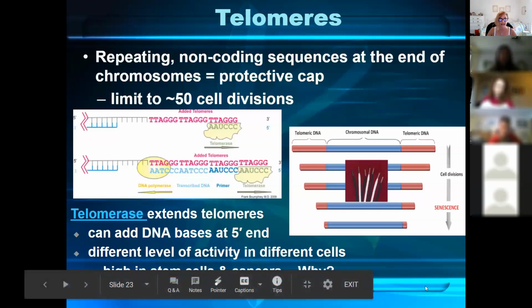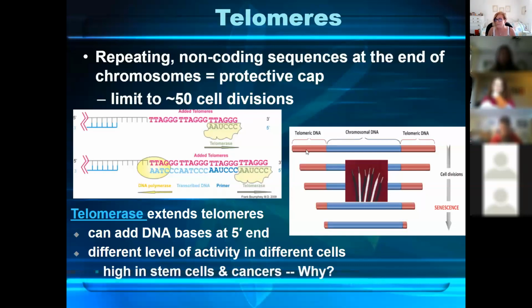Okay, so the telomeres are those pieces at the end. They're actually there to protect the DNA from damage of enzymes within the cell itself, as well as to give it a lifespan. So the repeated units of non-coding sequences, it's kind of like junk DNA, you might consider it. Telomerase creates those telomeres. It extends the length of the DNA.